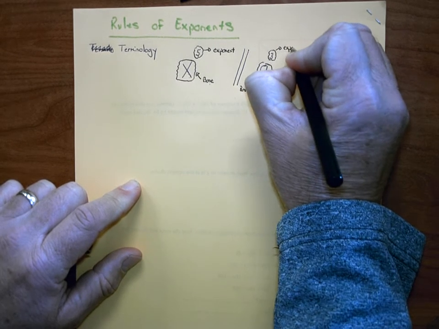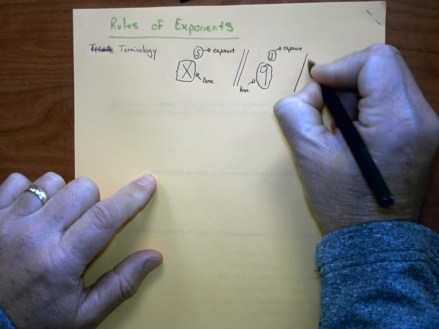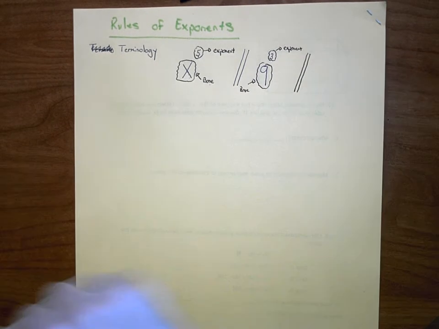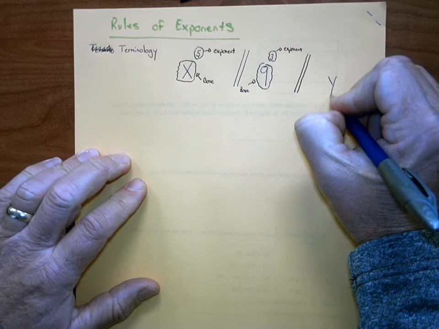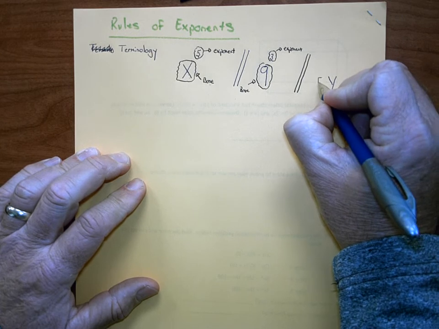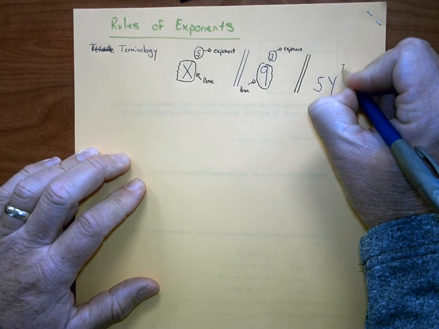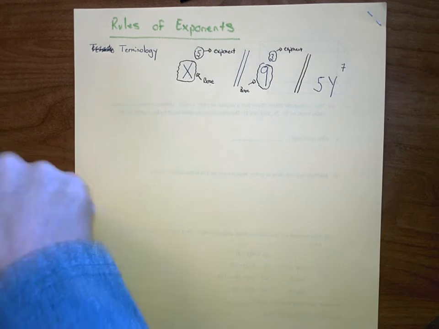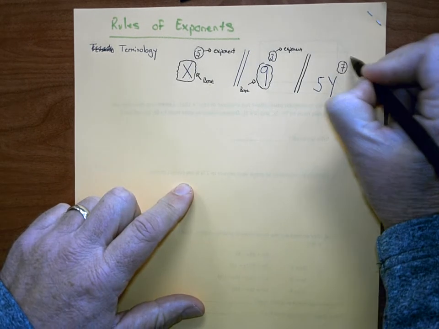So then what happens if we have a base that is a variable, like say y, and then we have a number in front of that variable, say a 5, and then we have an exponent that could be anything? Let's make it a 7 here. We know that 7 would be called the exponent.